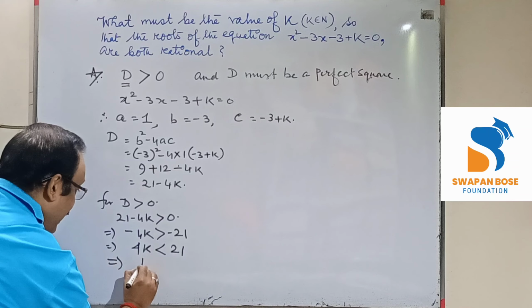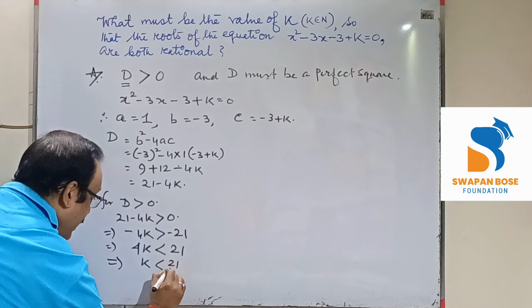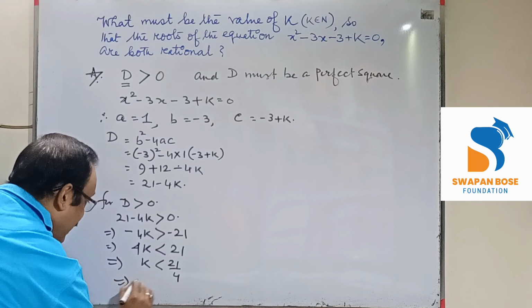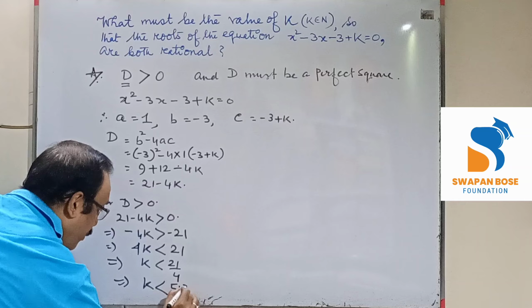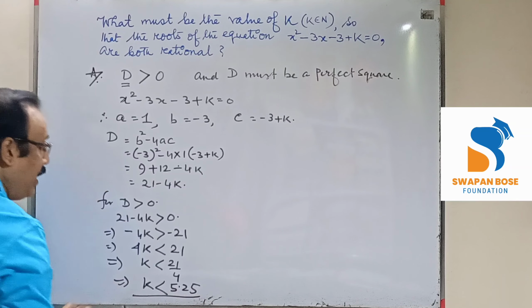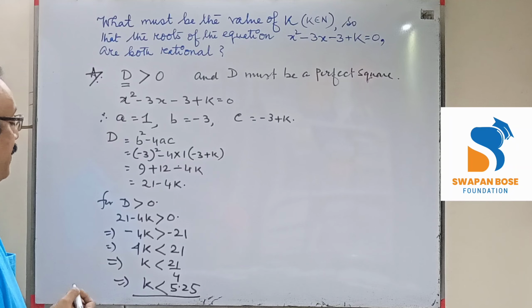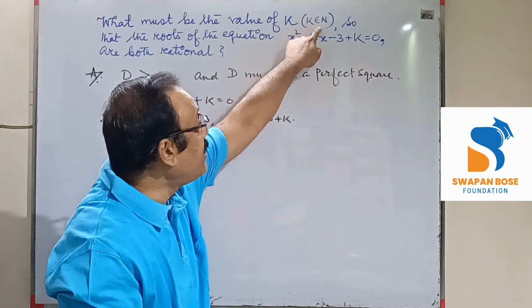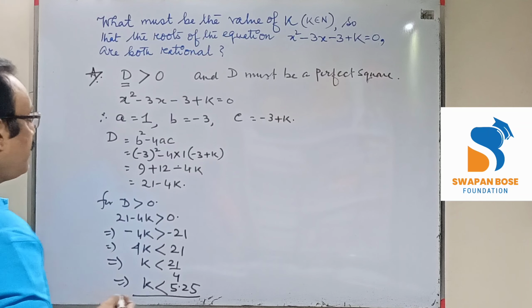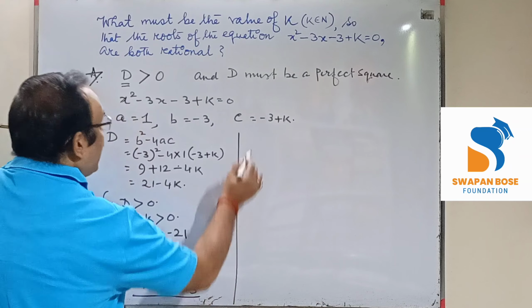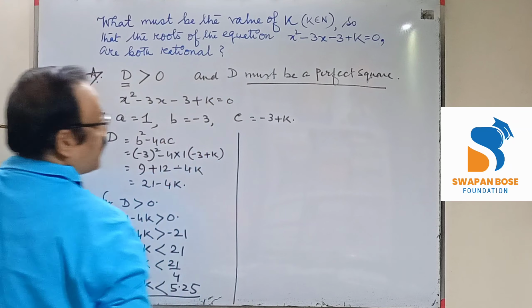So we get k less than 21 by 4, that is, if I divide 21 by 4, 5.25. That means the value of k must be less than 5.25, and since k belongs to natural number, up to 1 I can consider. Now the other condition is it must be a perfect square.